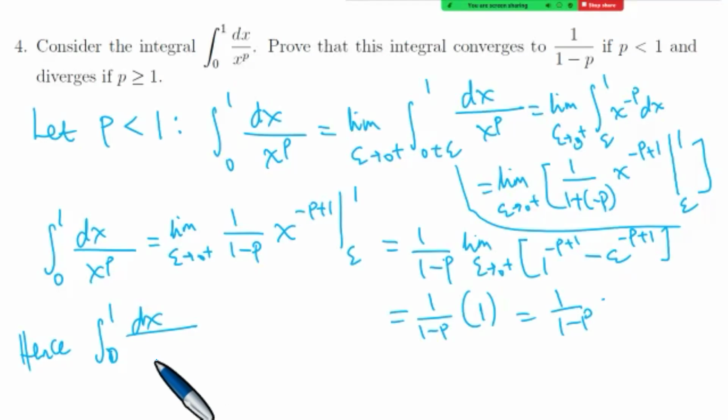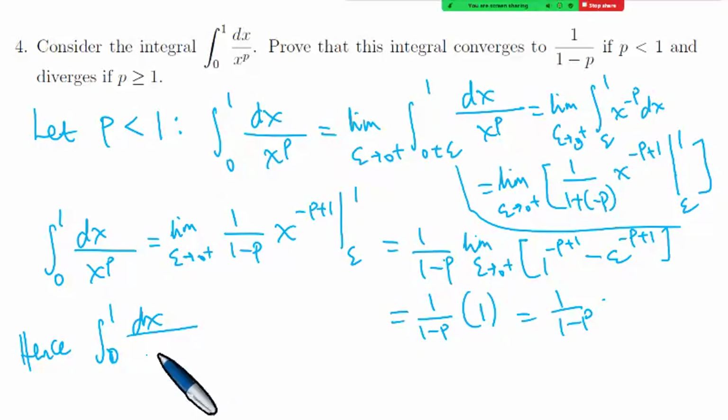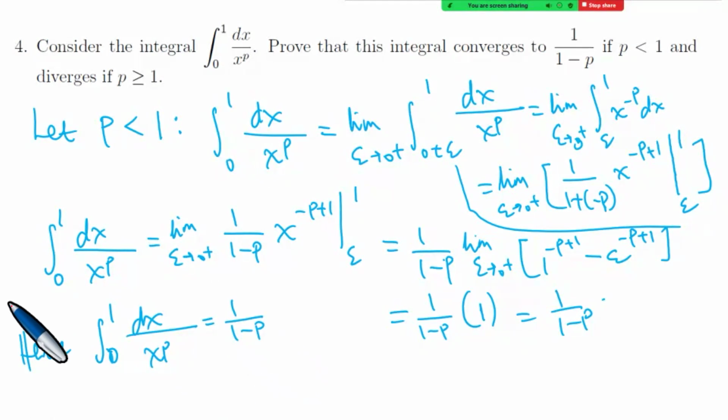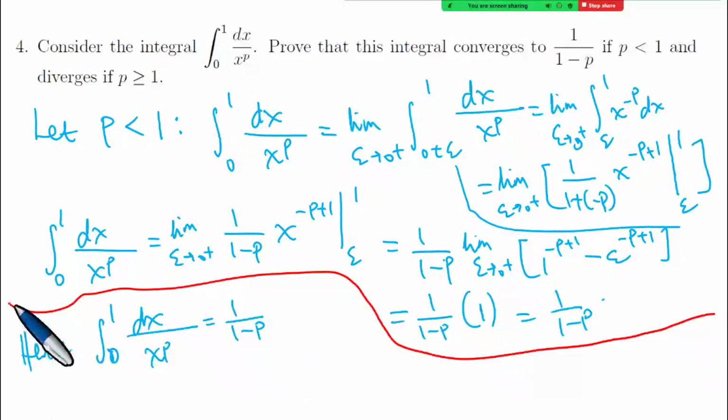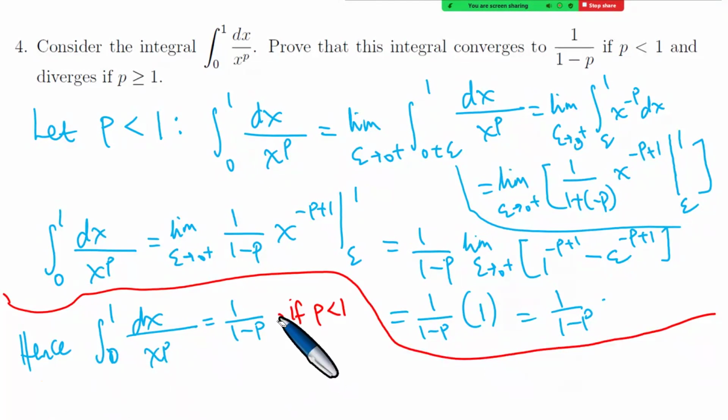So that now at this point, what you have then is this one, the integral from 0 to 1 of x to the power p. Okay, so this becomes the answer. So obviously this is the integral if p is less than 1. But now we need to do the other one when p is greater or equal to 1. So let's check that one out.